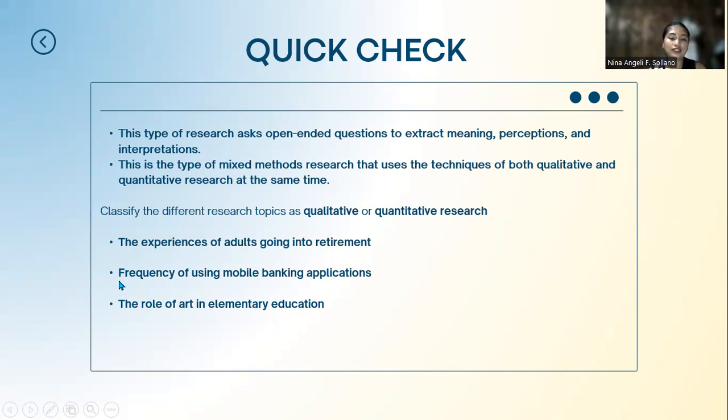This is quanti, okay? You are to quantify and the keyword is frequency. Next, the role of art in elementary education. Okay, an example of qualitative. So the keyword is the role of art. So we are going to test what could be the roles of art in elementary education.